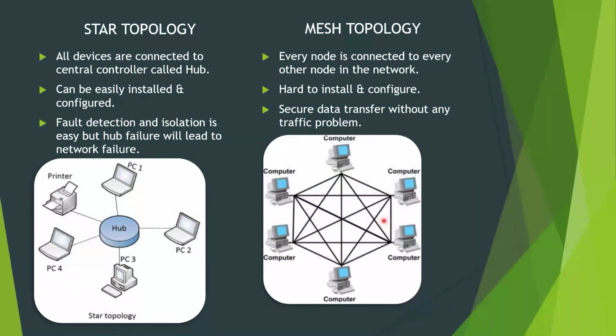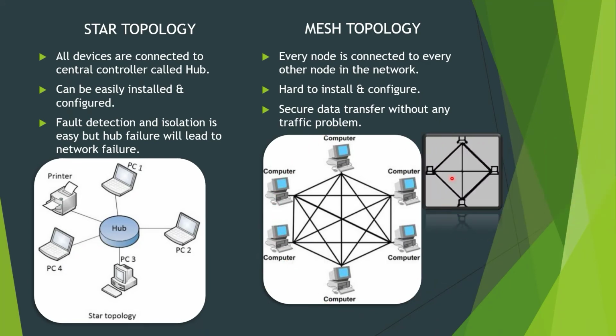Here you can see every computer is connected to every other computer. This picture may look meshy, so you can see here this computer is connected to this computer, this and this also, and similarly all computers are connected to each other, and similarly in this picture.